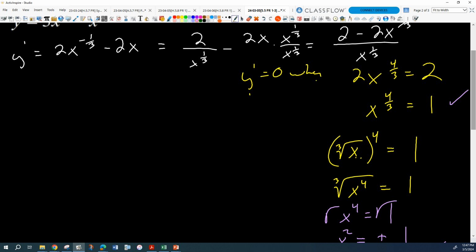Okay, so is there a way we could have done this without all those steps? How could we have done this in 1 step? If I want to get x by itself, in 1 step, how could I undo taking x to the 4/3 power? I'll give you a little hint here.